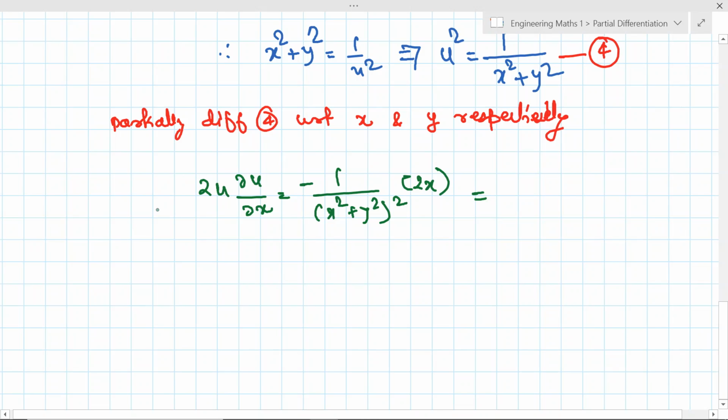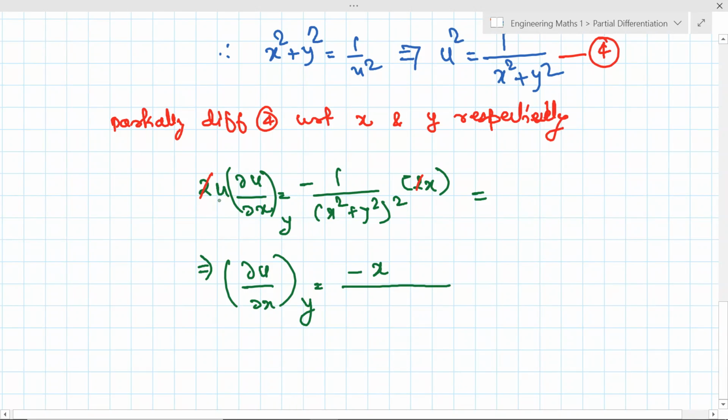The 2 cancels on both sides. This implies del u by del x, treating y constant, is equal to minus x divided by u into (x square plus y square) whole square. Call it equation 5.